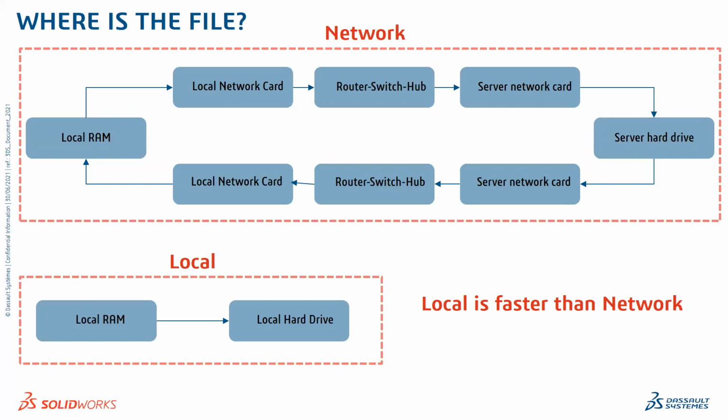We can see the performance varies. In my past experience, using local is always faster. So whenever you face problems working with larger assemblies over the network, I would prefer you to use the local drive.